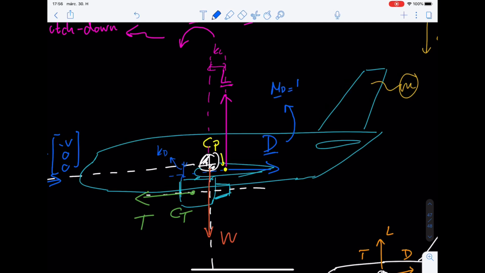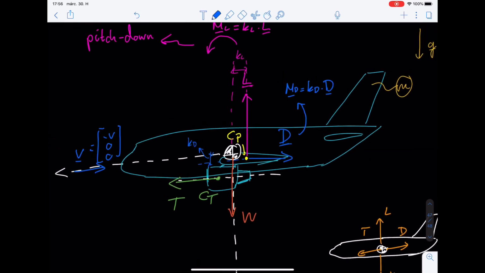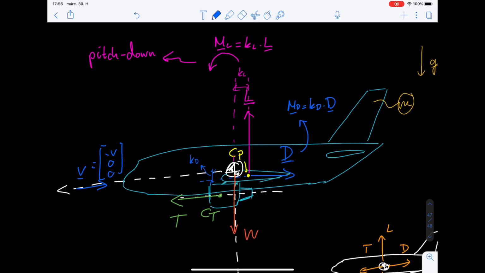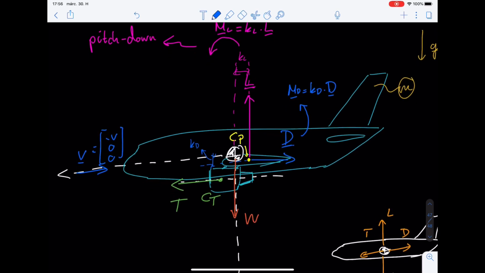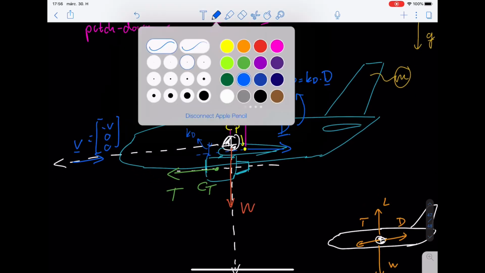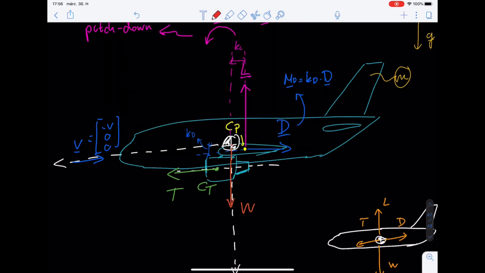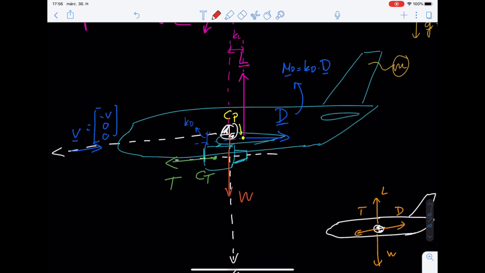And you can calculate it with the arm of the drag force times the drag force, right? So this is also a pitch down moment. So weight, of course, since it's going through the center of gravity, the arm is 0, so therefore it has no moment around the center of gravity.